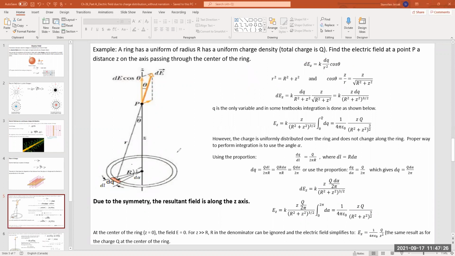Could you explain that again? Yeah, I can explain this again. Yes, please. So you see, this is that little chunk of the ring. The charge on that chunk is dq, and we treat that dq as a point charge. On the previous slide, I was explaining that the electric field due to a point charge is given by this expression, KQ divided by r squared.